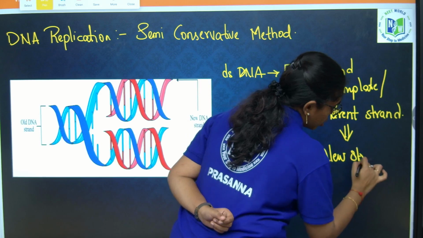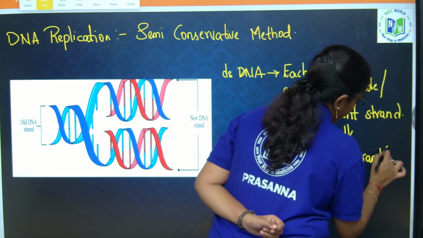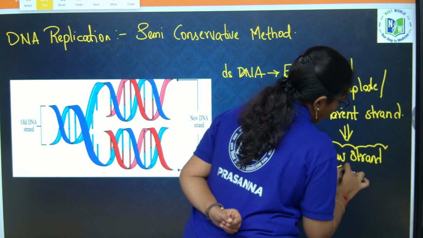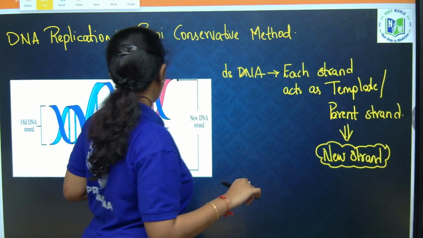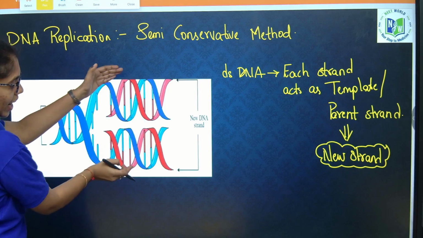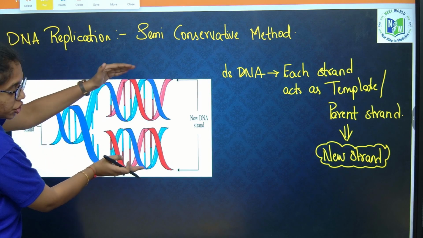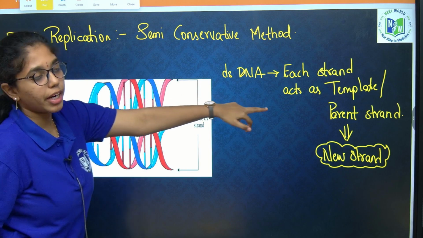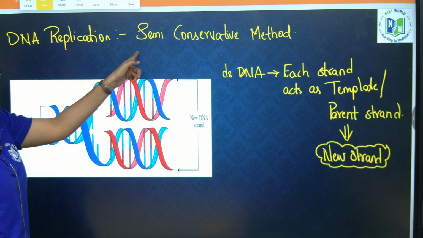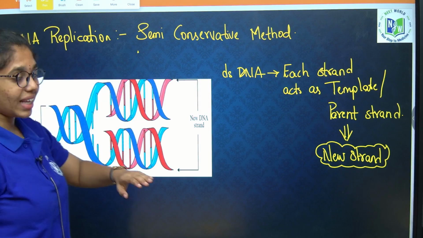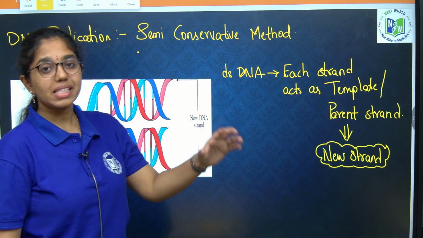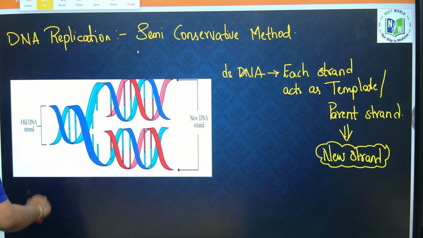The new strand is formed in complementarity with the template or parent strand. This is the semi-conservative method of DNA replication, which is widely accepted and proved by Meselson and Stahl's experiment.